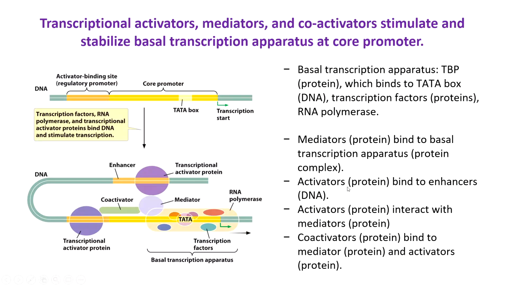Transcriptional activators are proteins that bind to enhancer regions in the DNA. Enhancer refers to a piece of DNA, a sequence of DNA. Activator proteins then interact with mediator proteins that are bound to the transcriptional apparatus in order to stabilize this transcription apparatus.